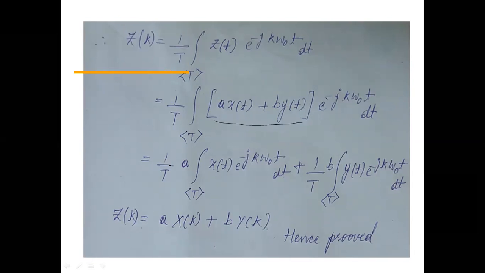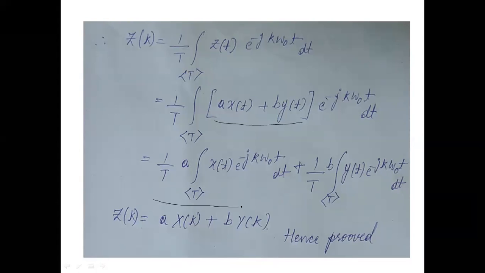So it becomes 1 over T integral of a into x of t e raised to minus j k omega naught t dt, plus 1 over T b integral over one period of y of t into e raised to minus j k omega naught t dt.